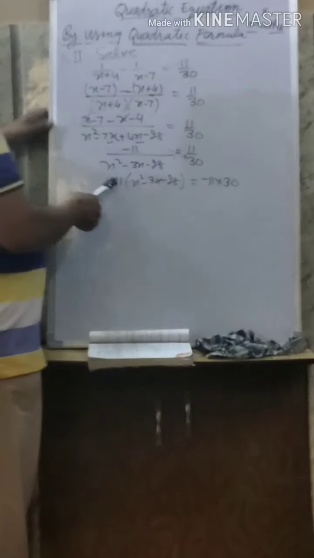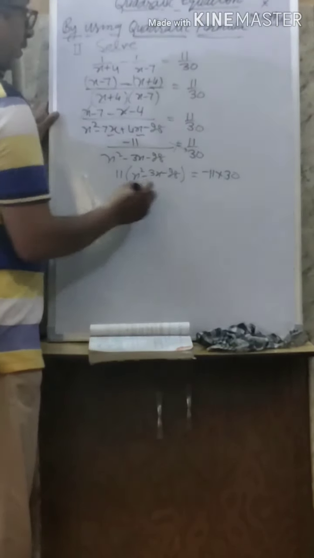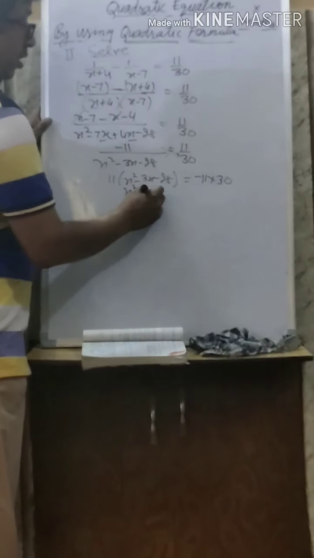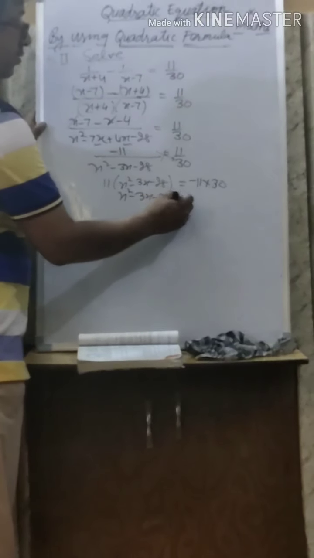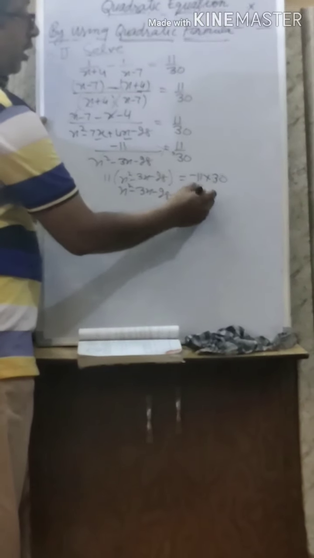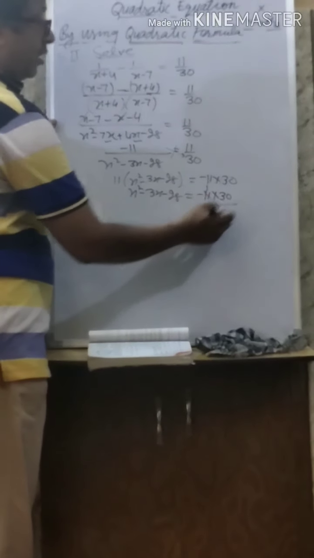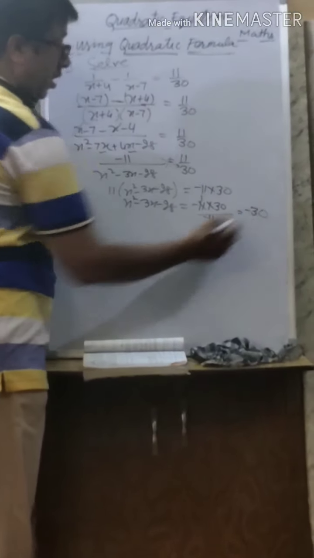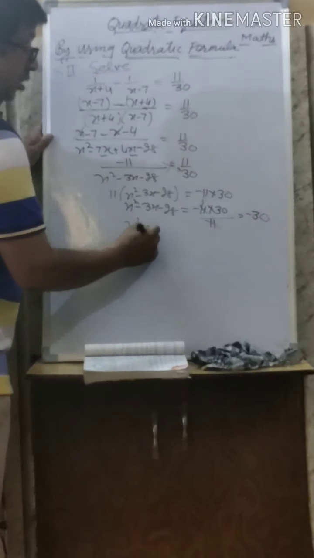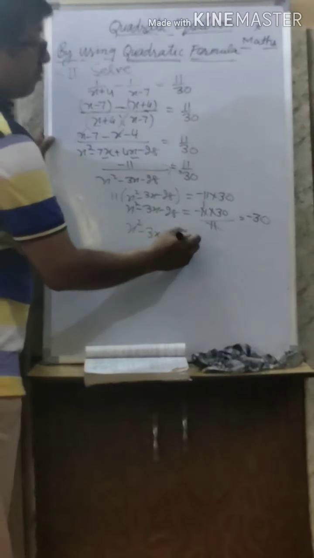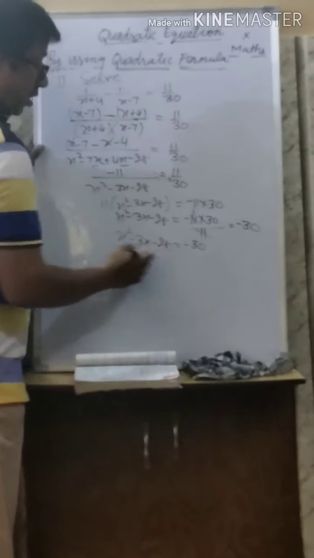Now it is up to you, you can multiply or you can divide also. So x square minus 3x minus 28 equals minus 11 into 30 by 11. It is cancelled, so it is minus 30.